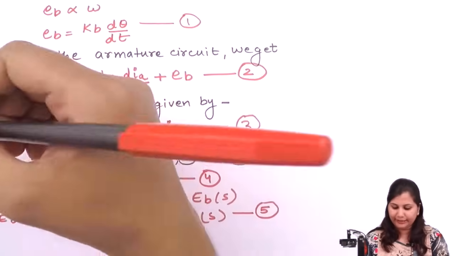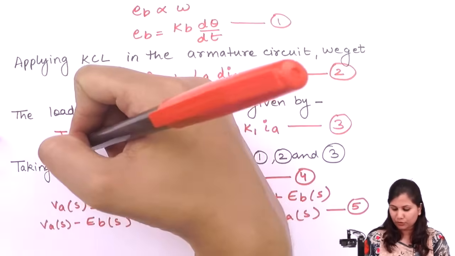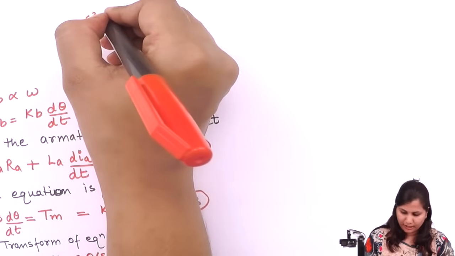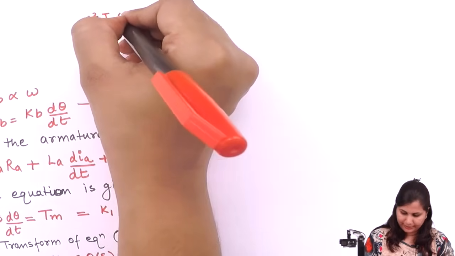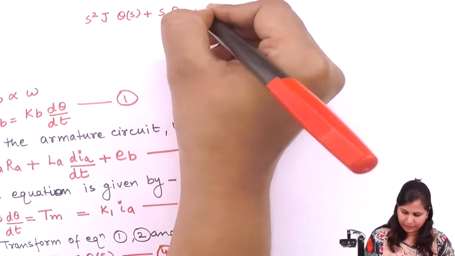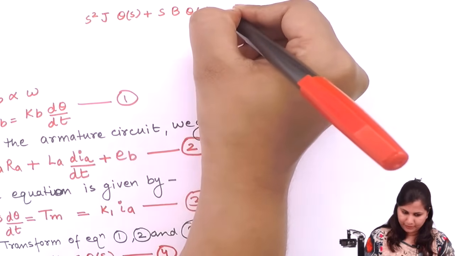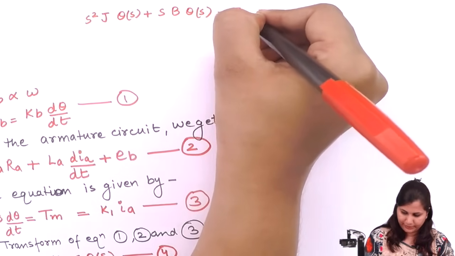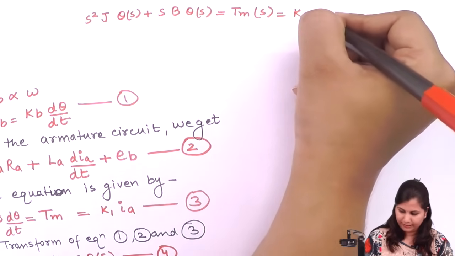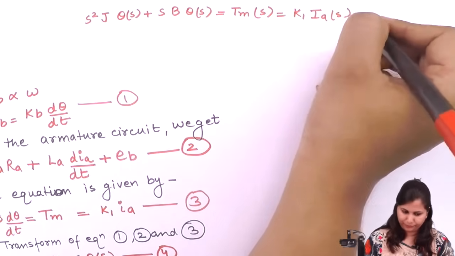this is J d2 theta by dt square, so its Laplace transform will be S square J theta S plus S B theta S equals to TMS and K1 IAS.